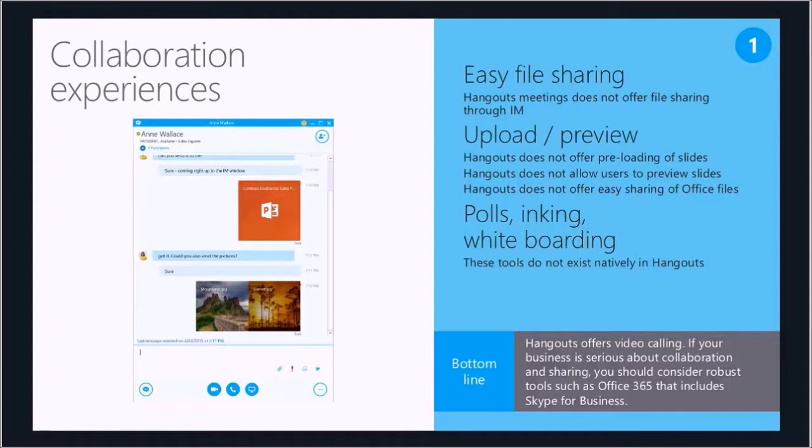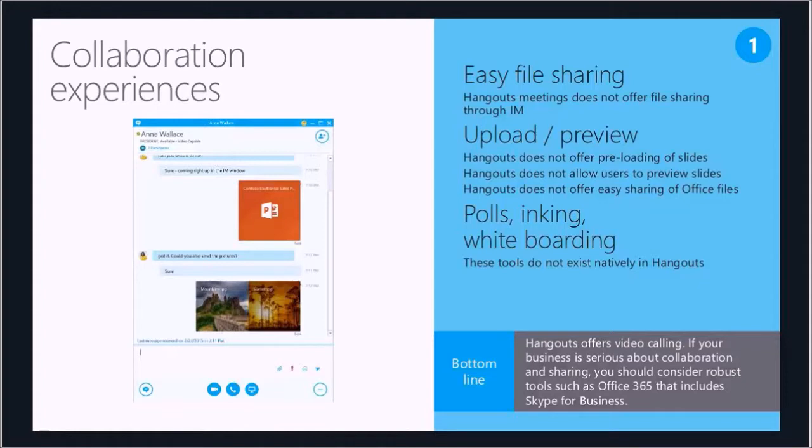Some of the other things we find is that if a person joins the meeting after it's already started, they don't have access to the content in Hangouts, whereas with Skype for Business, they do have access to the content and they can review previous slides so that they can catch up as needed and still participate in the meeting.